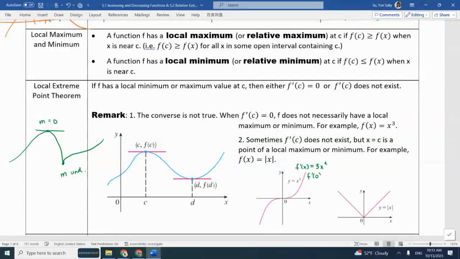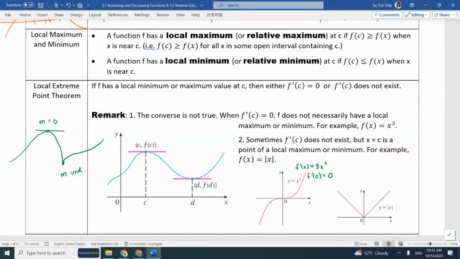Do you see, when we plug in 0 into f prime, we get 0. So at 0, the derivative is 0. But is this a local max or local min? No, neither, right? So the converse is not true.